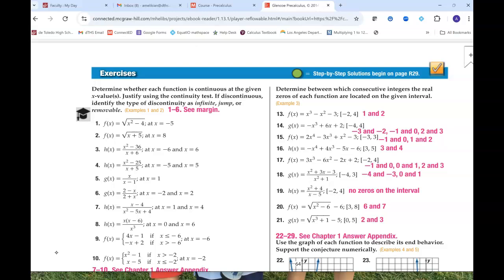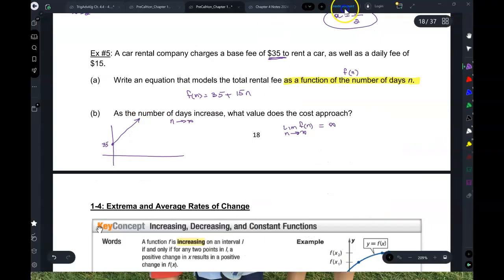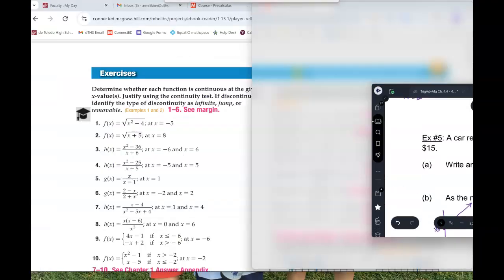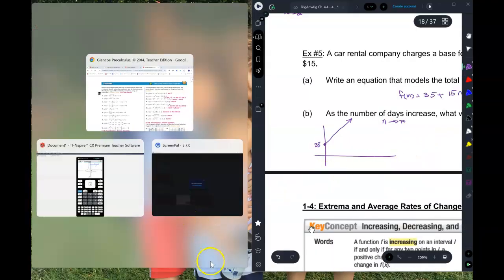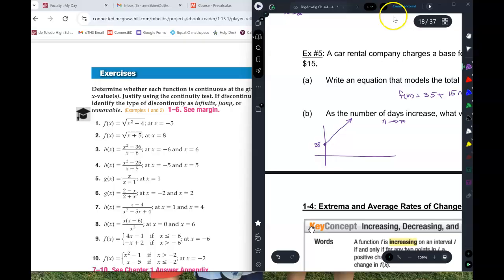So it says determine whether it's continuous at the given values. Justify using the continuity test. To justify using the continuity test, you have to say it with the 3 steps.